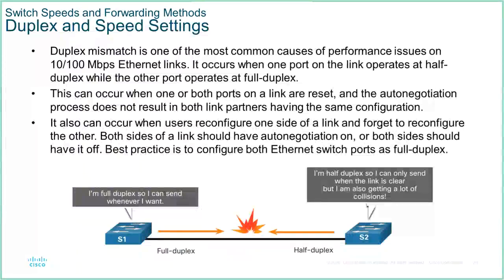And what occurs is it can't agree on the setting, so it ends up flapping between up and down, as it can't agree from one end to the other. So the way to fix that is you go in and change one end to full or half, whatever it is, you set it. Because generally it's when both ends are trying to auto-negotiate and they fall out of sequence to each other and they flip back and forth.